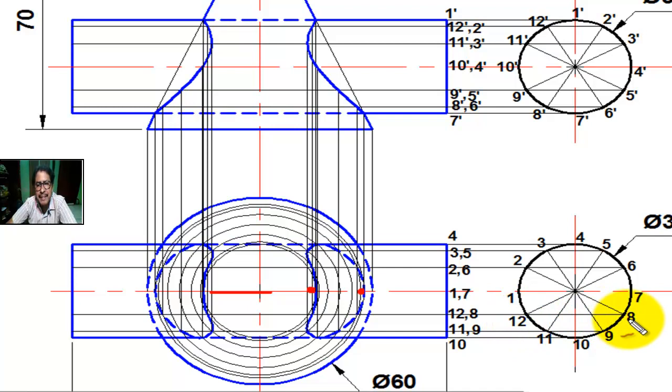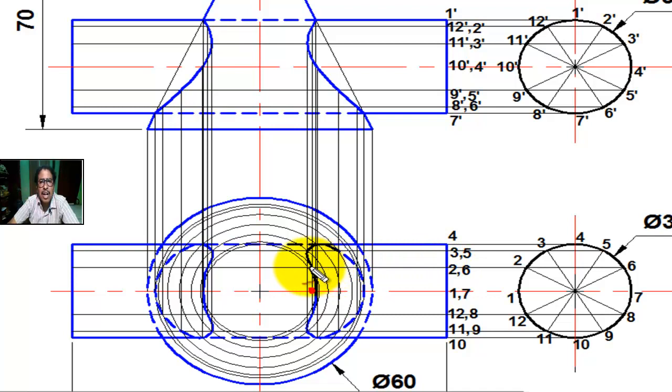This is 12 and 8. Draw line, and the 12 number line circle. This horizontal line from 1 cuts the 1 number circle at that point.